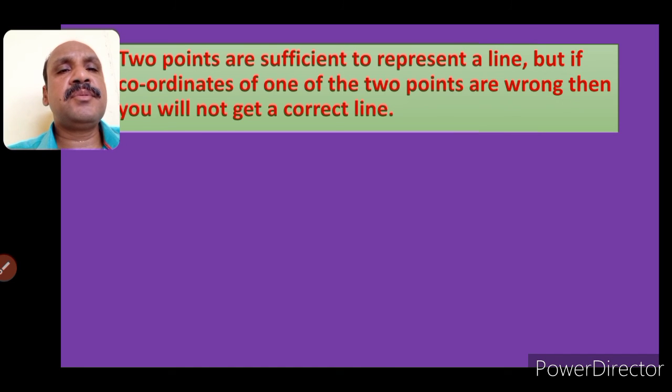When we take only 2 points, if the points are wrong, then the graph becomes incorrect. That's why we take at least 3 or 4 points to plot the graph.